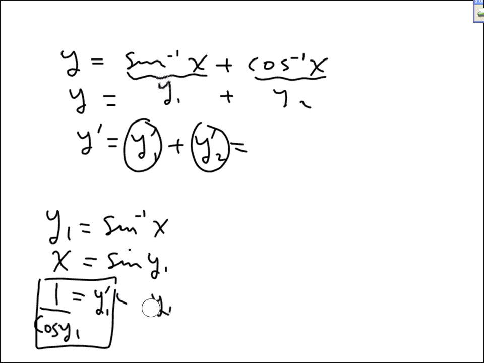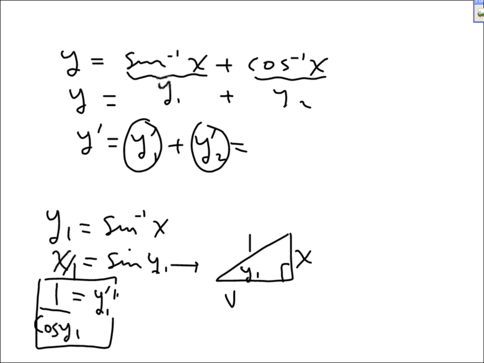But of course, we want to write it in terms of x, not y's. Okay, so this gives me a little triangle. It tells me that the sine of y1 is x over 1. It's opposite of y1 divided by the hypotenuse. So this side is this squared minus that squared.